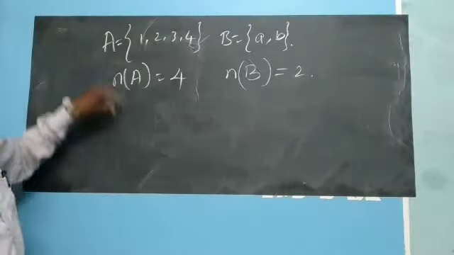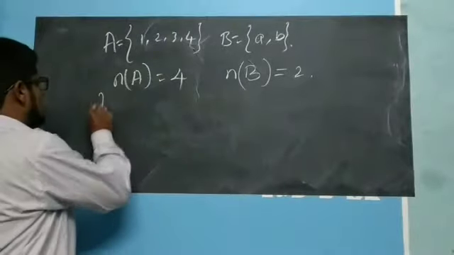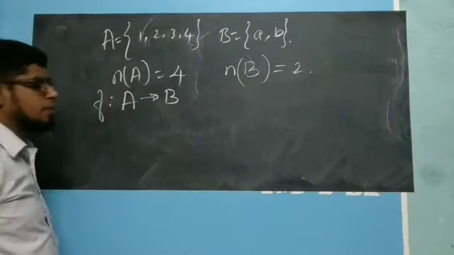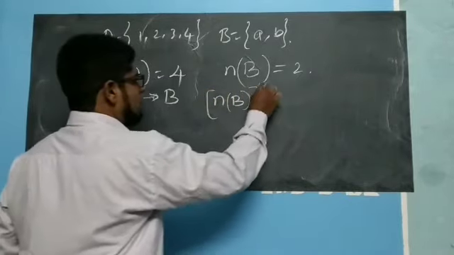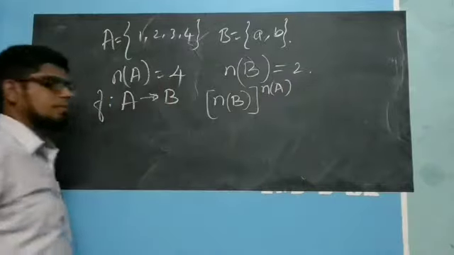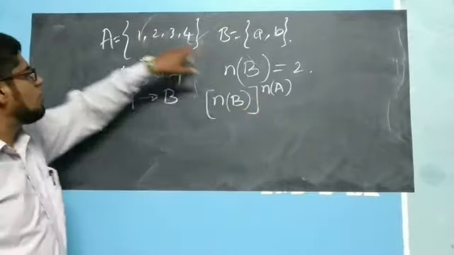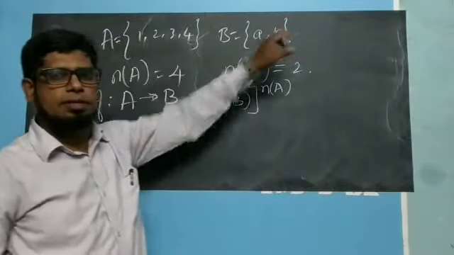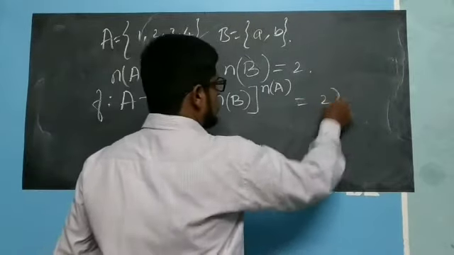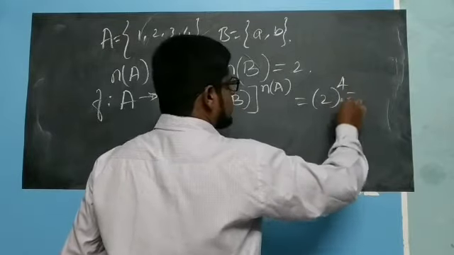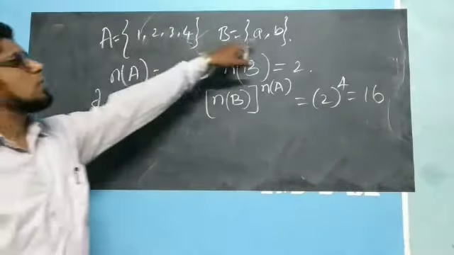The total number of functions from set A to B is n of B power n of A. This is the formula we use to find the total number of functions from set A to set B. So here the total number of functions is 2 to the power 4, that is, 16 functions can be formed from these two sets.